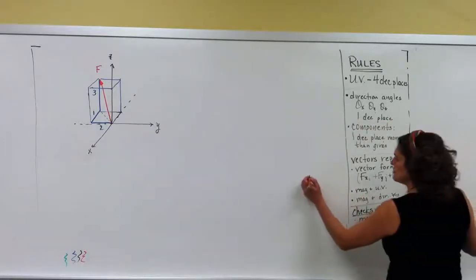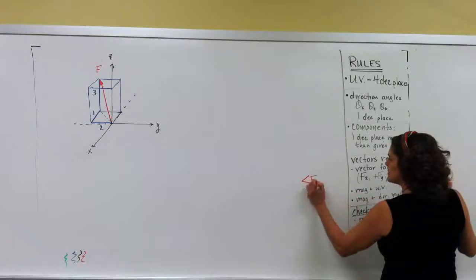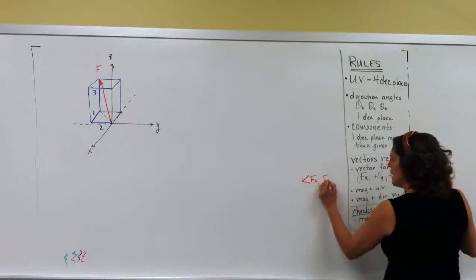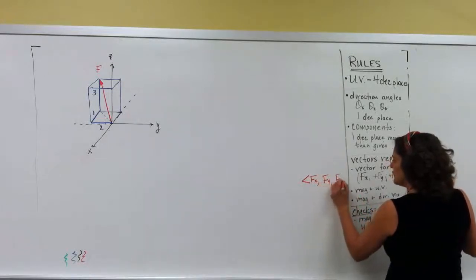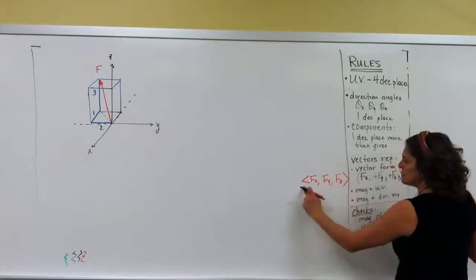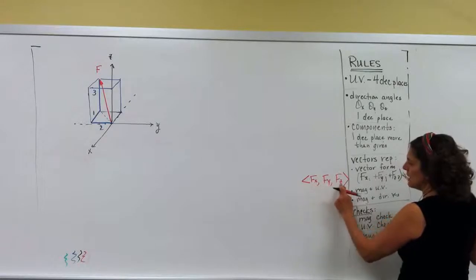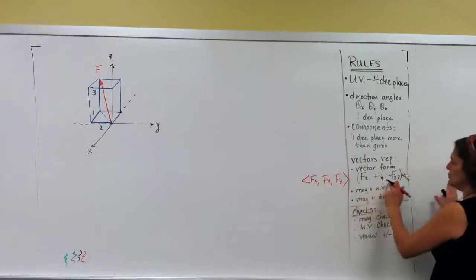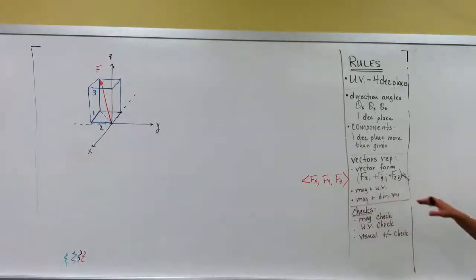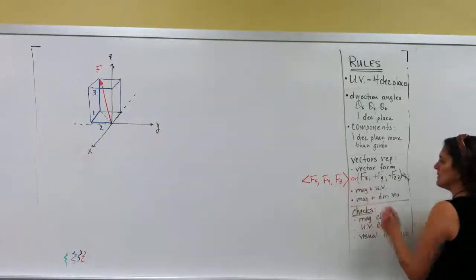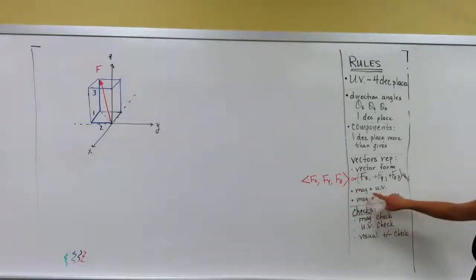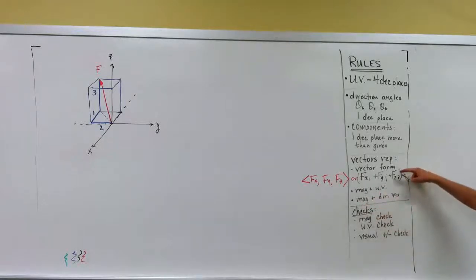I know you've also seen it written this way: in triangular brackets, Fx, comma, Fy, comma, Fz, and you do not write i, j, or k. Either one is fine. And then magnitude and unit vector, and magnitude and direction angles. So those are the 3 ways to represent vectors.